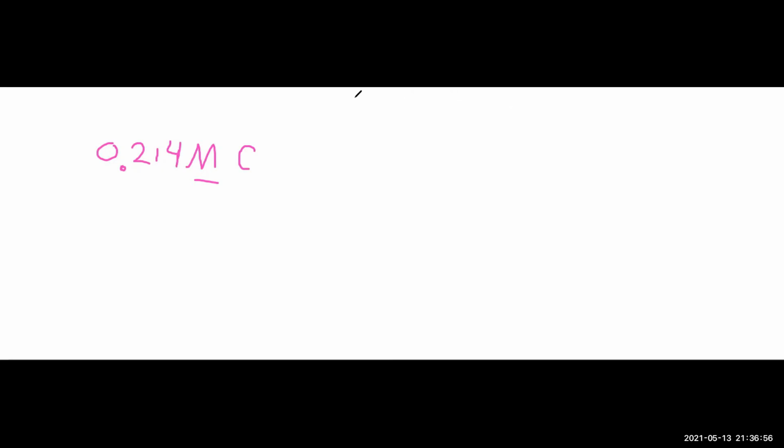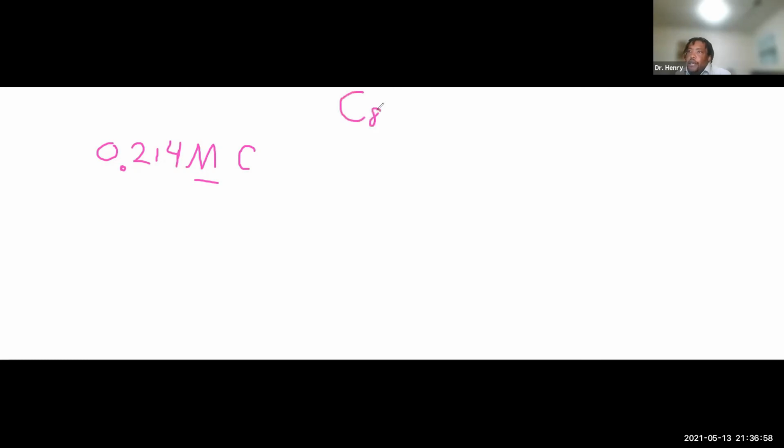So it's C6H8O7. Okay, yeah, that's the chemical formula for citric acid.